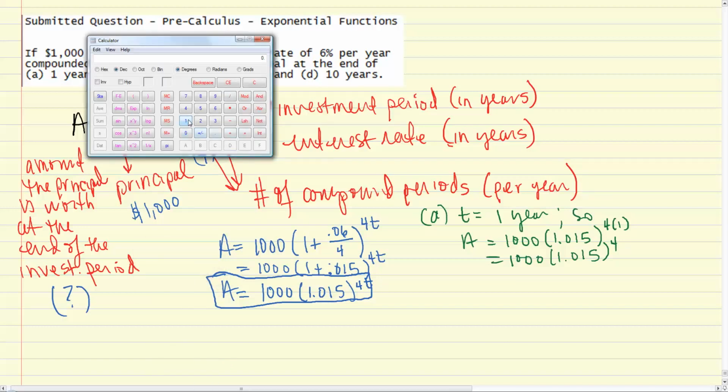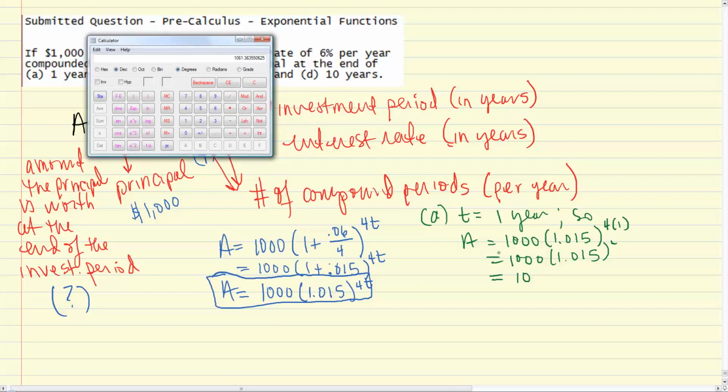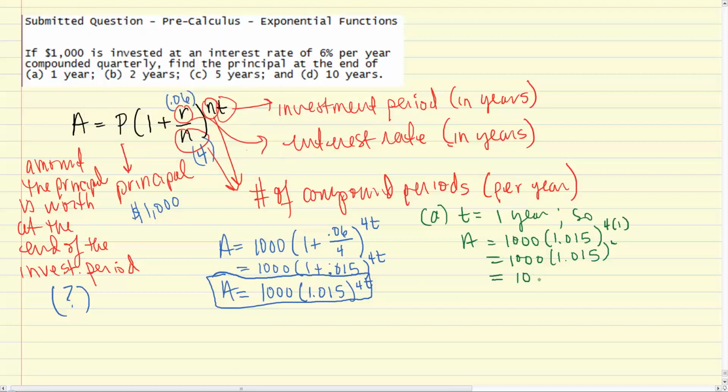We have 1.015 to the 4 times 1,000, and we get 1061.36.